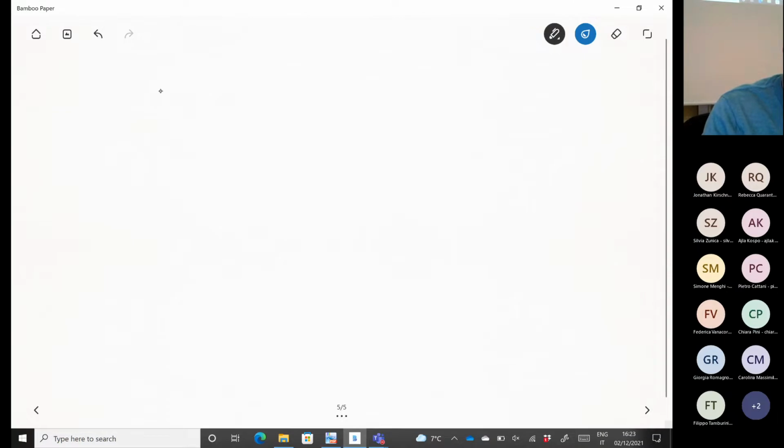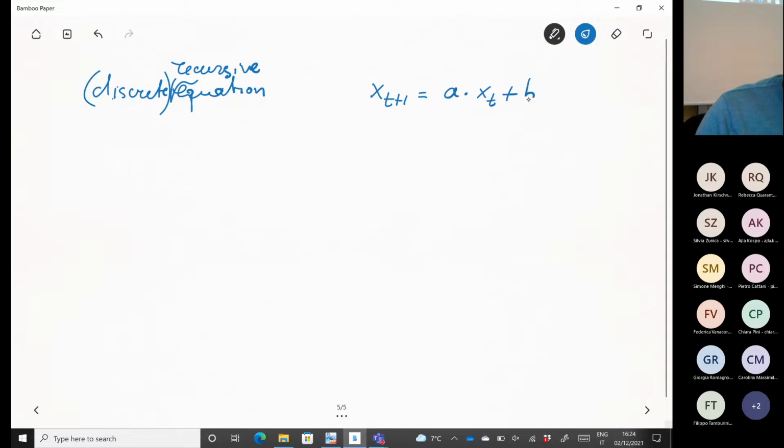We know that if we have this equation, which is a discrete equation, so it's a difference equation, or it is called also a recursive equation, x at time t plus 1 is a times x at time t plus b.